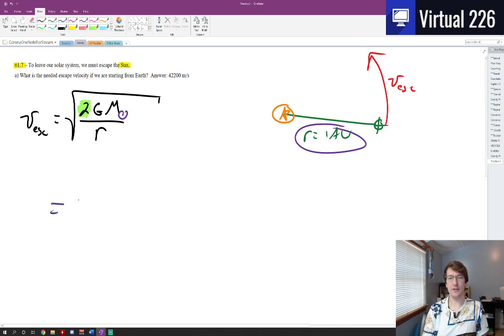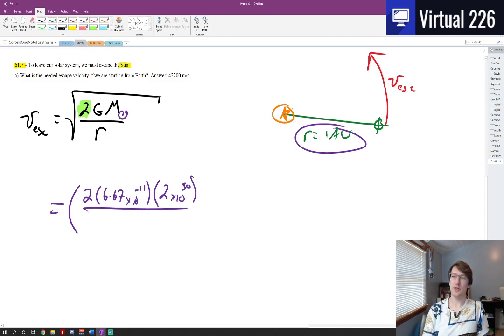So if we want to find an answer here, instead of writing the radical sign, I'm going to put a parenthesis to the 1/2. This is going to be 2 times G, 6.67 times 10 to the negative 11, times the mass of our sun, which is approximately 2 times 10 to the 30th, all over our initial position, which is 1 astronomical unit.